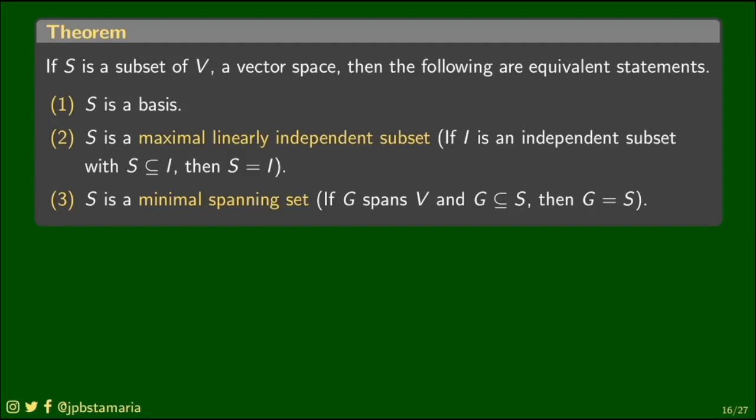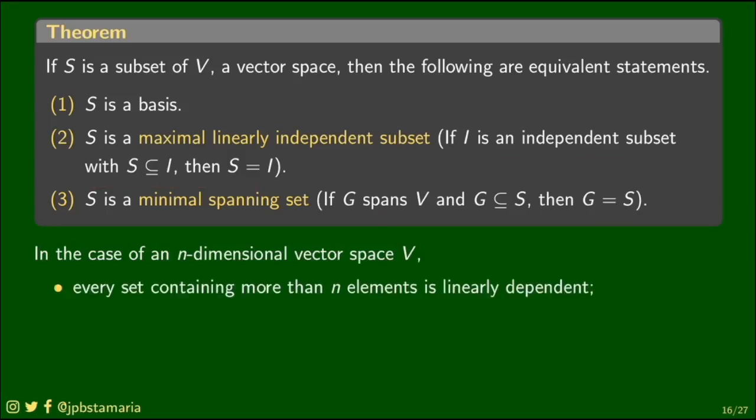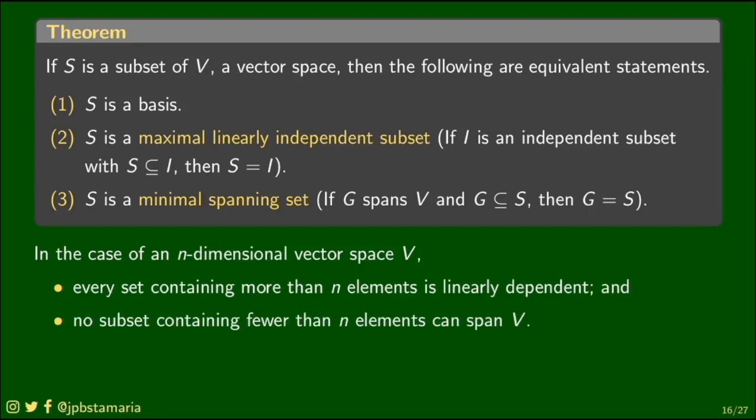So these statements explain those facts. In the case of an n-dimensional vector space, every set containing more than n elements must be linearly dependent, right? Because a basis with n elements has to be maximal linearly independent. So anything more than n should be dependent, and anything fewer than n cannot span V, right?